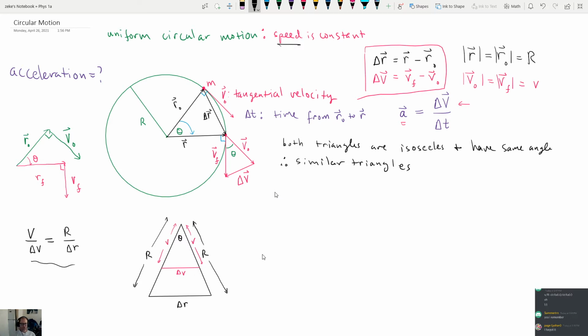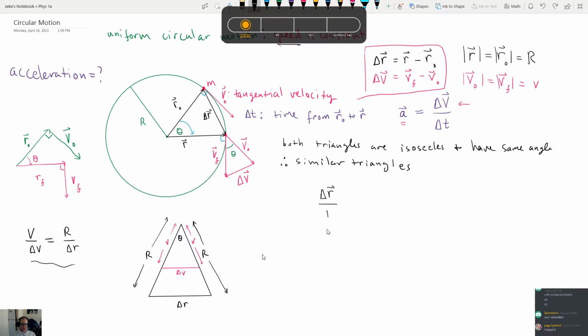So in our picture, we're still going to do the same thing. On the left-hand side, I'm going to write the magnitude of delta r, the ratio of that to big R, the magnitude of our initial.